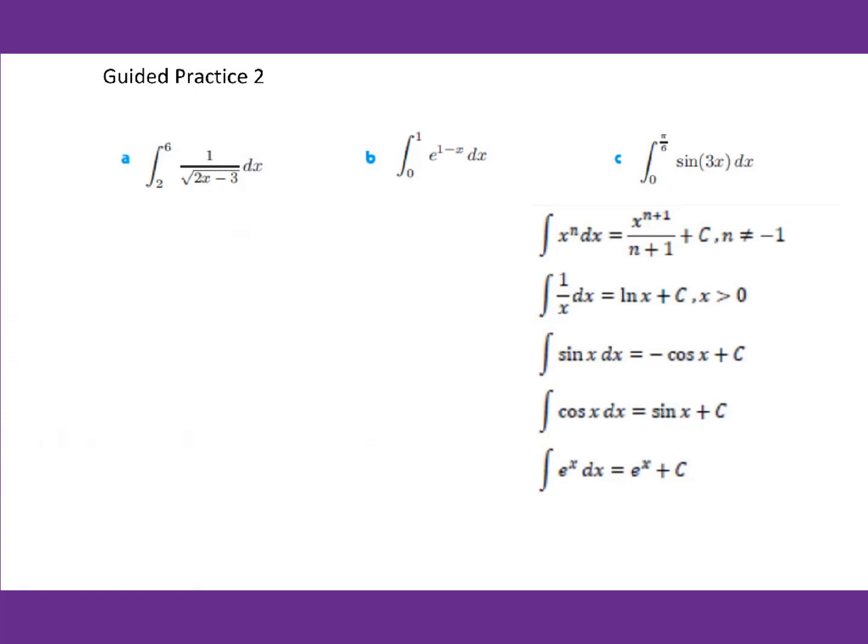Now let's go to guided practice 2a. Definite integral of 1 over square root of 2x minus 3 from 2 to 6. First of all, try to remember this formula. Indefinite integral of 1 over square root of x equals 2 square root of x plus c.